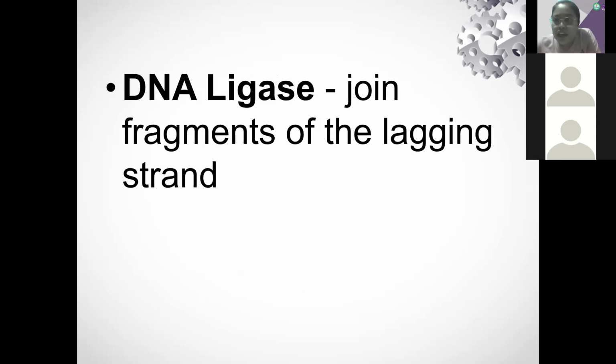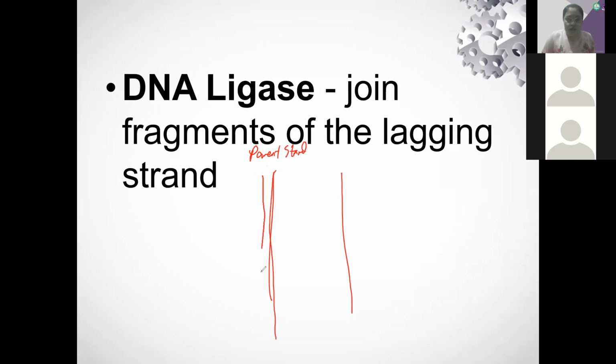Okay? And then, lastly, we have the last enzyme here, the DNAligase. So, anong trabaho ng enzyme na ito? This will join the Okazaki fragments or the fragments of the lagging strand. Okay? So, kasi, ang mangyayari, ganito. Diba, we have the double helix, nag-uncoil na sila. Titigilan na yan ng topoisomerase. If this is the parent strand number 1, ayan, magre-replicate siya. Pag tuloy-tuloy ang replication, we will call it the leading strand. Okay?